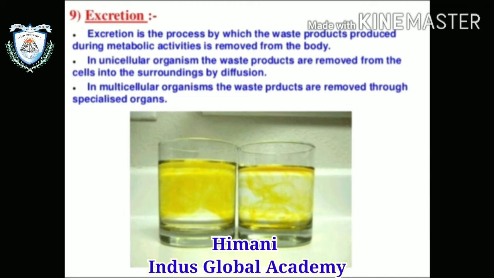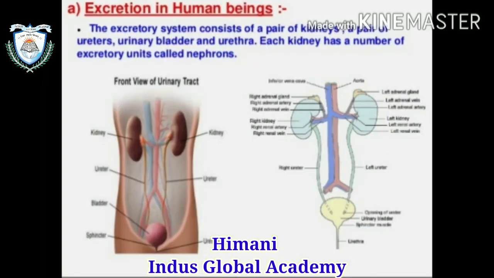In unicellular organisms, the waste products are removed from the cells into the surrounding by diffusion, and in multicellular organisms, the waste products are removed through a specialized organ. There are different organs in the different multicellular organisms.